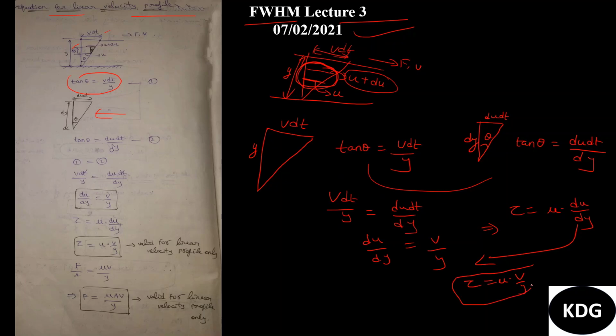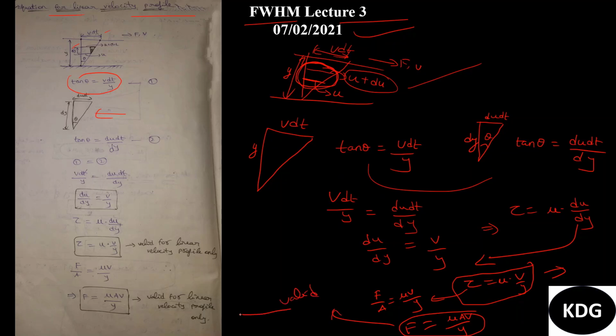This is valid for linear velocity profile because we considered a linear velocity profile while starting our derivation. So shear stress equals force per area, mu into v by y, so F is equal to mu A v by y. This is the valid equation for linear velocity profile only, because we considered only linear velocity profile while deriving.